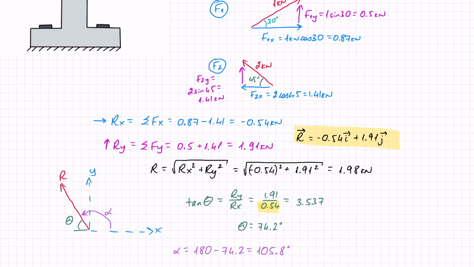So the important thing to note here at the end is the direction. You can give it by alpha. From the positive x-axis counterclockwise to the resultant, the angle is 105.8 degrees. And we can also give our resultant force, which is 1.98 kilonewtons.